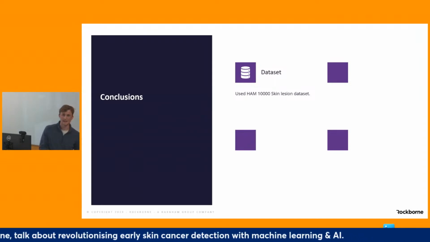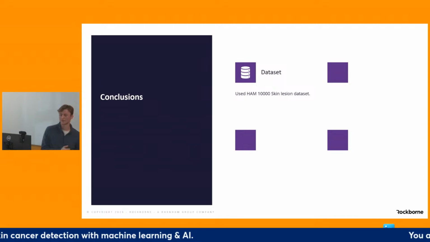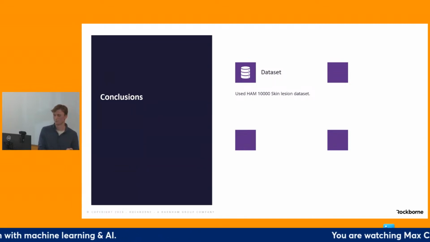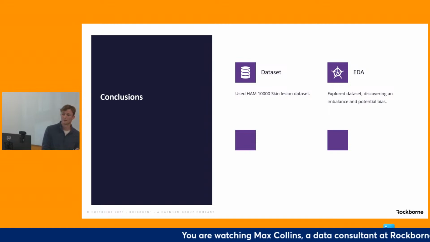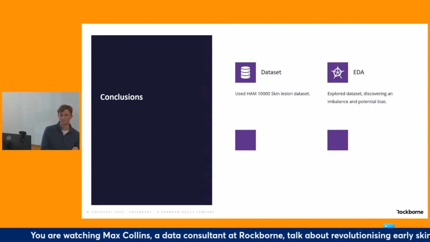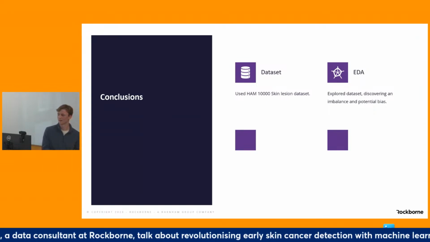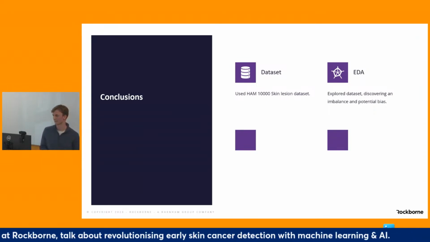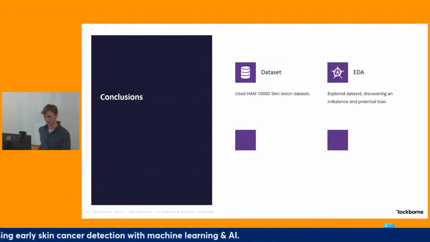Tried out some EDA techniques I've seen, looking into all the potential things that could be useful for my models. Talking about EDA, there were imbalances, potential bias with the diversity. So it wasn't the perfect data set, but it was good enough to get this proof of concept up and running and see what is happening.